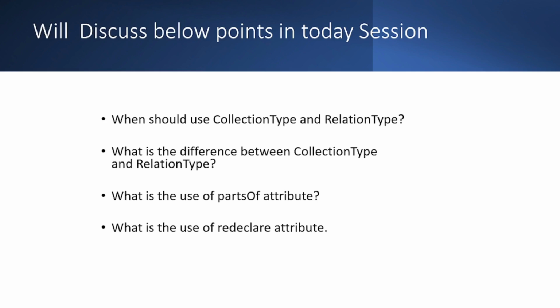But in relation type it does not happen like that. It stores all data in a linked table. For every relation type, one linked table is created, and the data gets stored there separately.